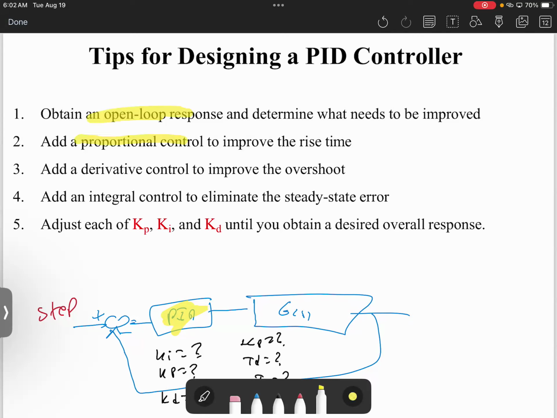Then add the P controller. Observe, there is still steady-state error. Okay, add the integral controller. You remove the steady-state error, eliminated, but there is overshoot, so add the derivative controller. So these steps are one of the ways to do trial and error.